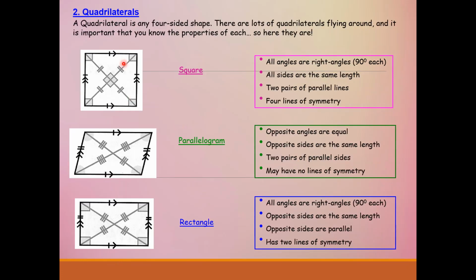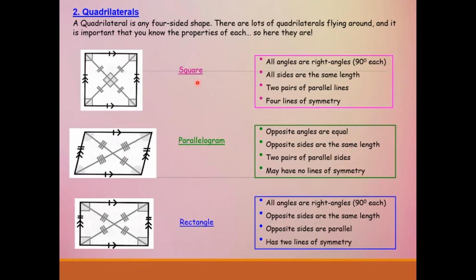Next, quadrilaterals. Again, quad meaning 4 sides. We have these quadrilateral examples: square, parallelogram, and rectangles. Each of these quadrilaterals has different properties.